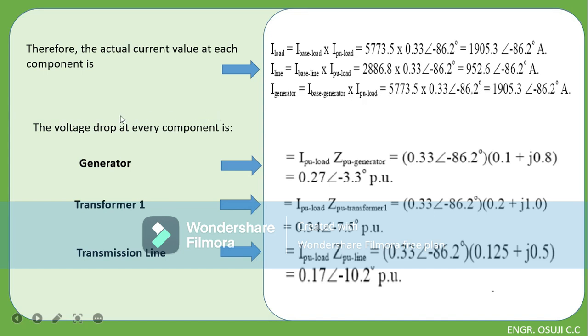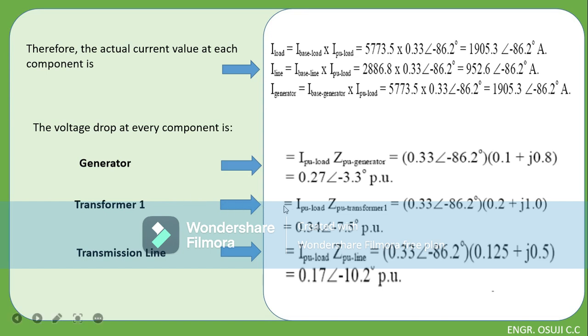Then now the voltage drop at each component. Yes, of course, having gotten that, we can determine the voltage drop at each component. How can we find the voltage drop at each component? Simple. This is the per unit voltage drop. So the per unit load current times the per unit impedance of the generator will get the voltage drop across the generator.